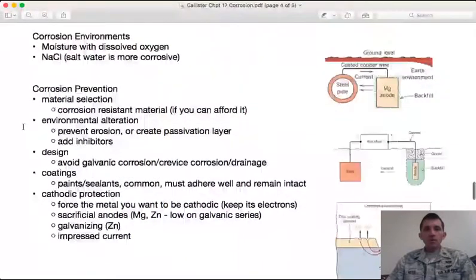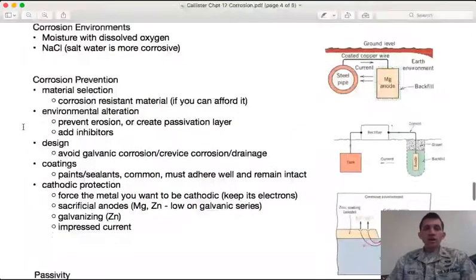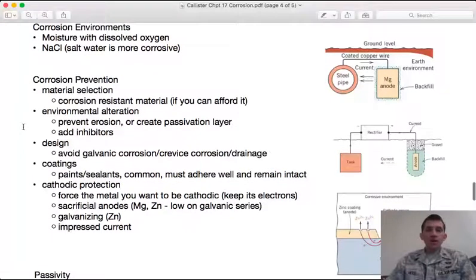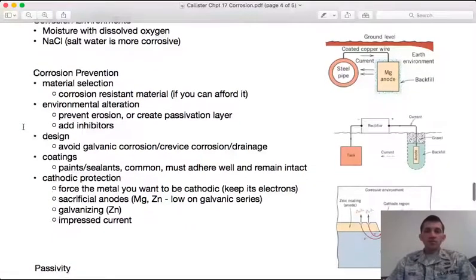And so if you want to prevent corrosion, we talked a little bit about how corrosion occurs, and so the keys to preventing corrosion are to disrupt one or more of the requirements for the reaction to proceed. The easiest way from a materials science standpoint is to pick a corrosion resistant material.